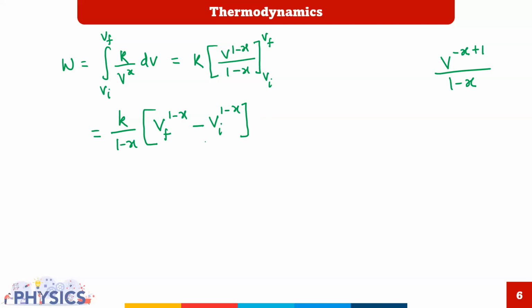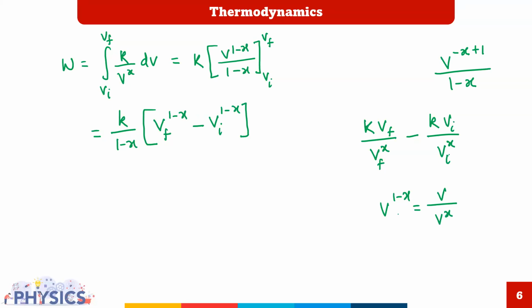Now, from here, I can write this as K into V final divided by V final^X. I'm going to multiply V and K inside. Then it will be K V initial divided by V initial^X. Remember V^(1-X) I can write as V divided by V^X.